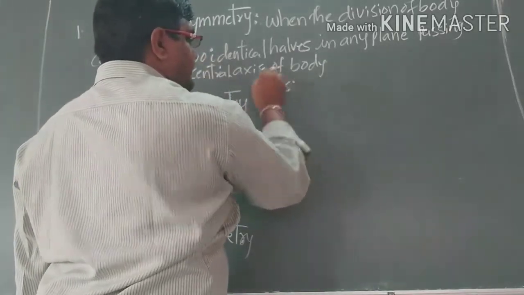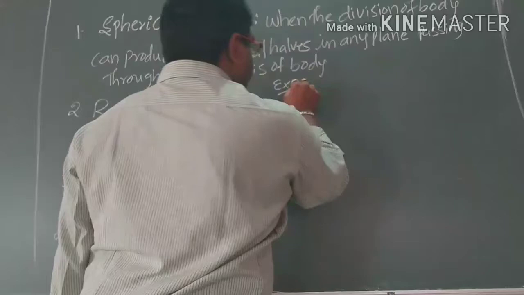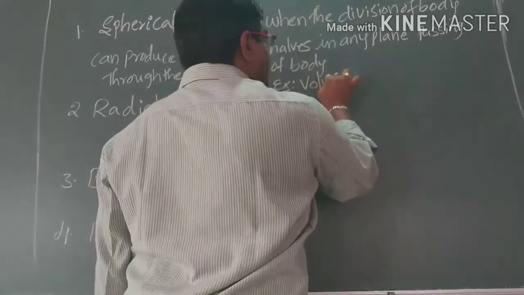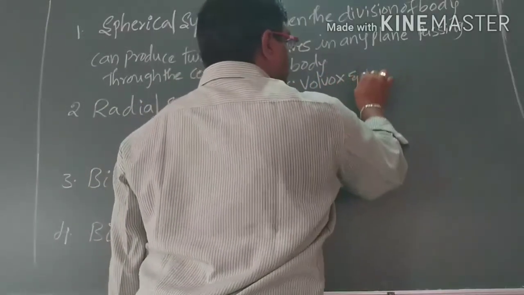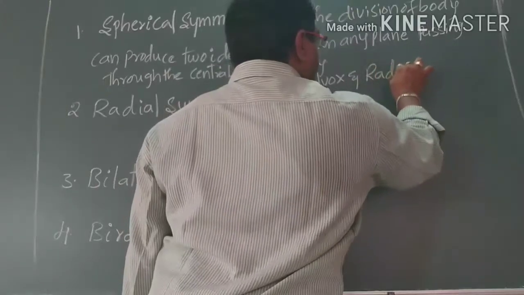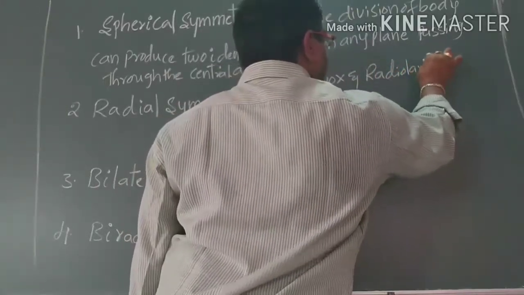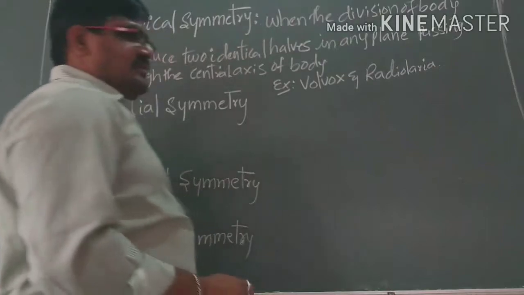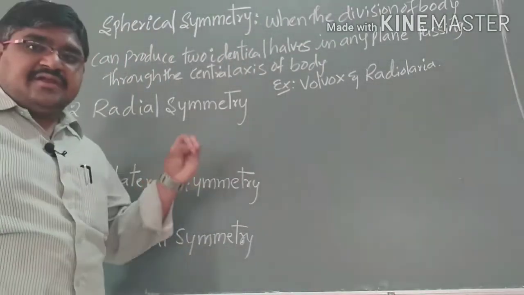This spherical symmetry can be seen in Volvox and radiolaria.